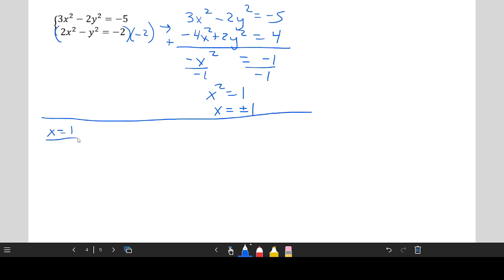So once again, just be careful with your bookkeeping. We have 2 separate x values we're working with here. If we substitute +1 into, it doesn't matter which equation we use, I'm going to use the first one. So it was 3x squared minus 2y squared equals -5. And so we'll subtract 3.